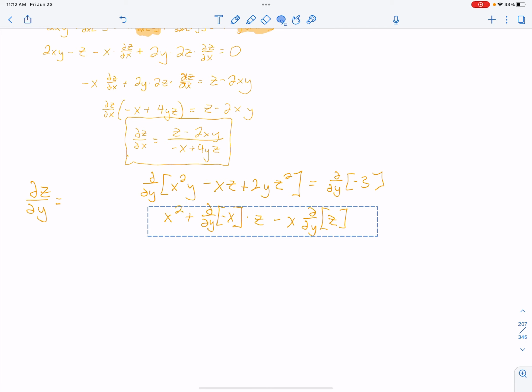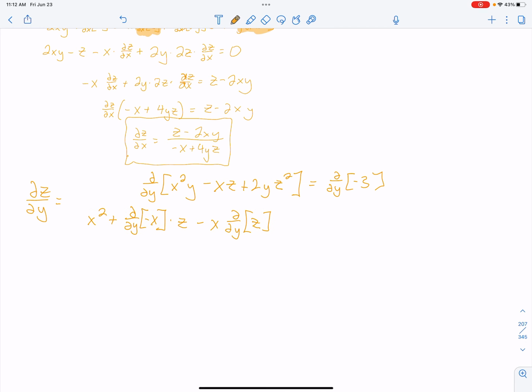I always start too far over there. Now I have to do the partial with respect to y of 2y times z squared. This is just the product rule. And then 2y times the partial with respect to y of z squared. And then that right side is just 0, thankfully.